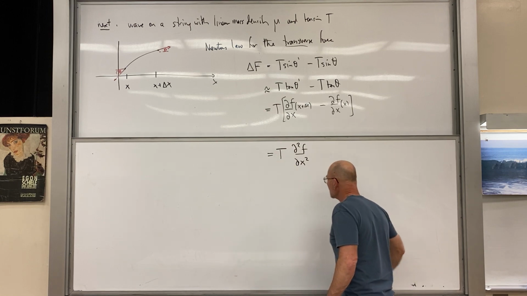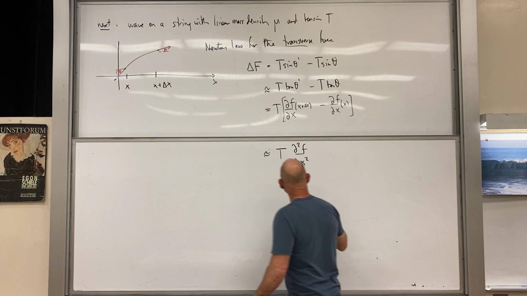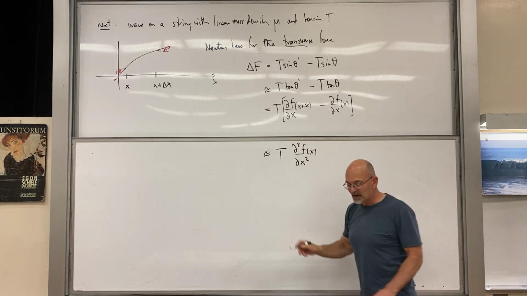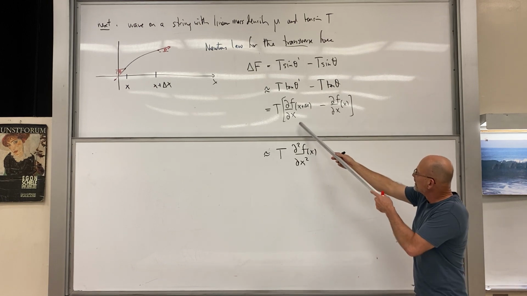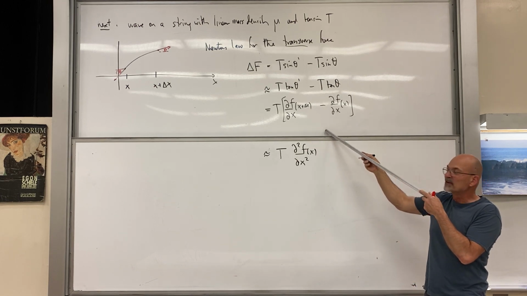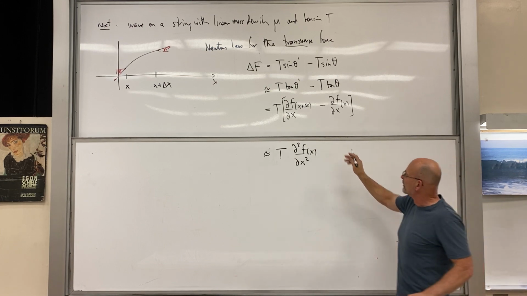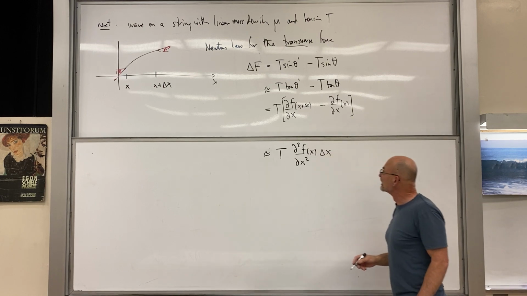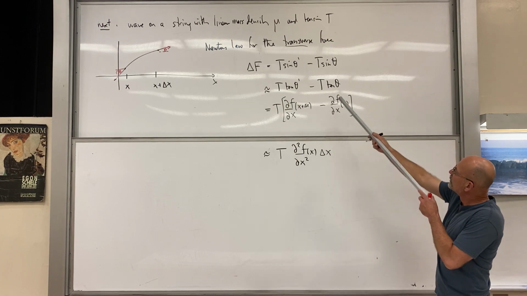So I'm just going to write for the moment the approximation at x as delta x gets small, and if I had this divided by my delta x, that would be that partial derivative. So this square bracket is the partial derivative times a delta x, okay. Approximately speaking. So far so good.